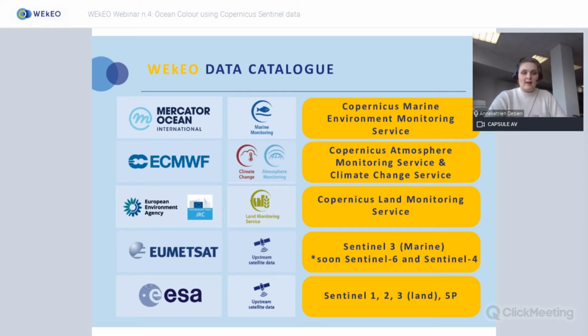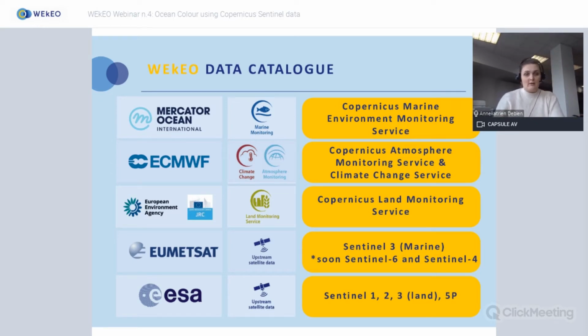So which data are we talking about? If you're a little bit familiar with the Copernicus program, it's a very broad program, and it's subdivided into services and then the Copernicus Sentinels, which are the satellites. Within the services that are available on the Wikio DS, we have the Copernicus Marine Environment Monitoring Service, which are managed by Mercator Océan.